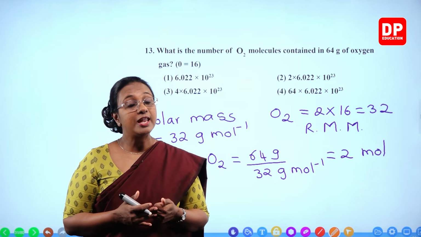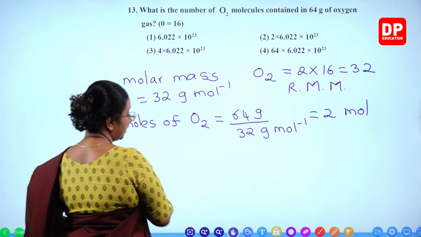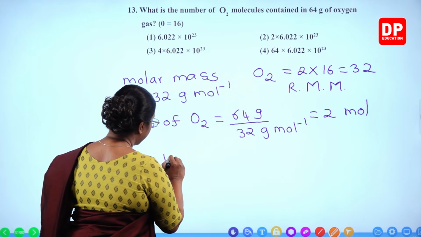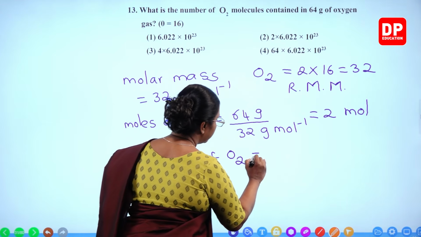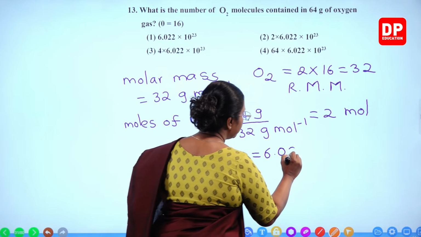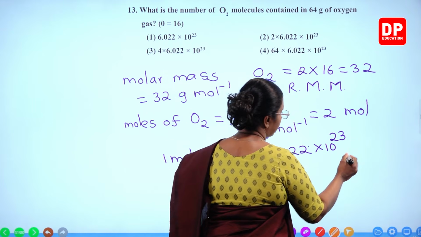That is what we call the Avogadro constant. So there, you will see in 1 mole of O2, there are 6.022 times 10 to the power of 23 molecules.